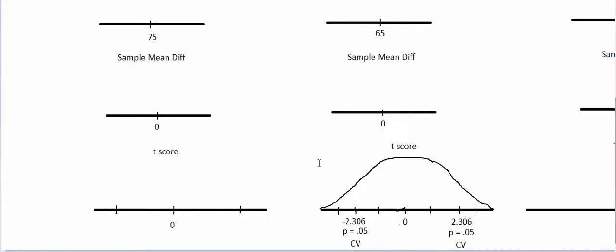I'm going to explain what this p-value means. So I want you to make a dotted line right here. It doesn't have to be in blue, but just make a dotted line like I am.